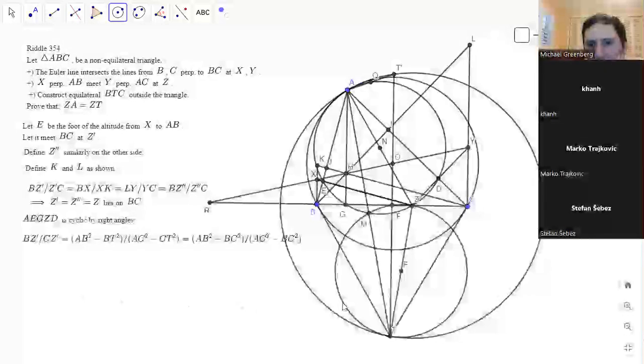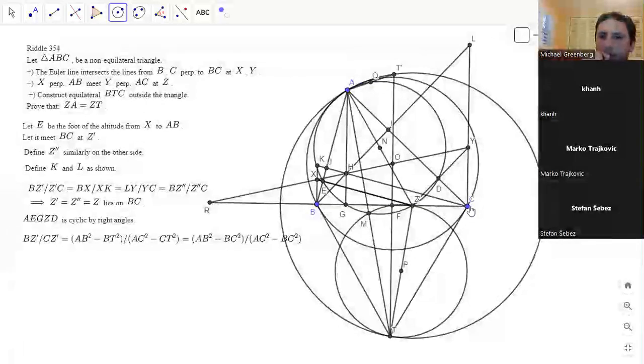We know RB over RZ is RH over RY, which is GH over CY.